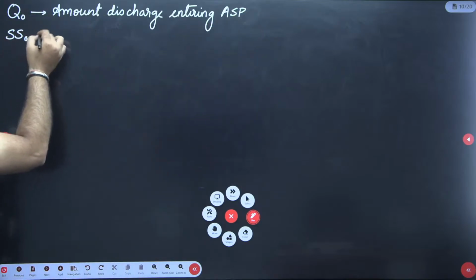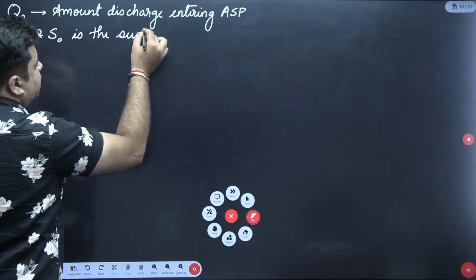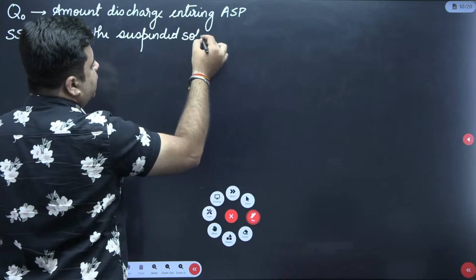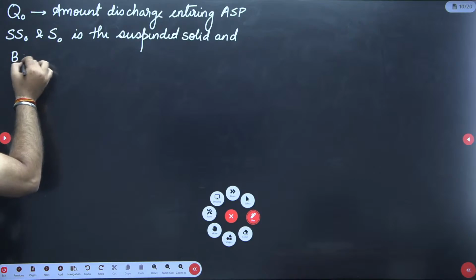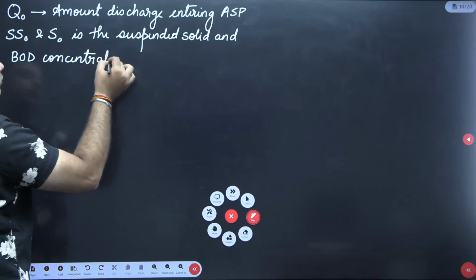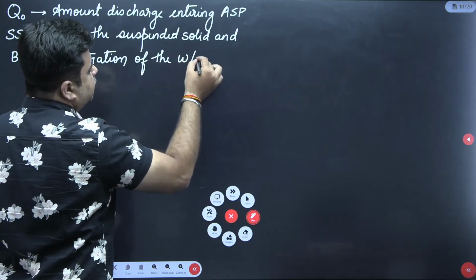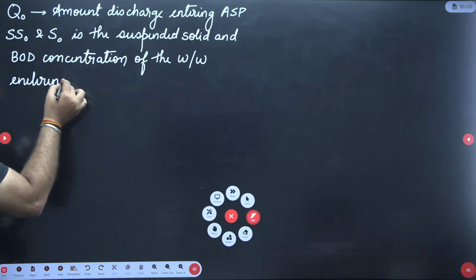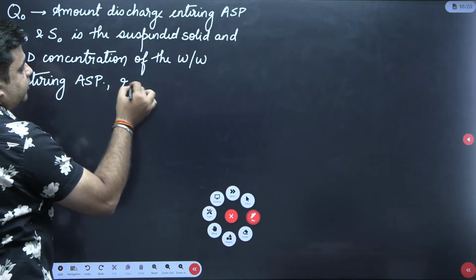SS naught and S naught are the suspended solids and BOD concentration of the wastewater entering ASP, respectively.